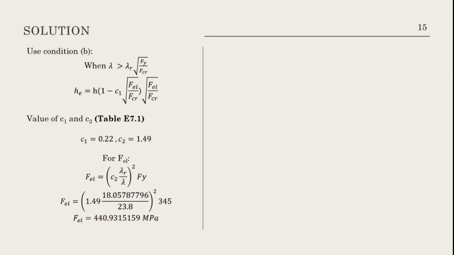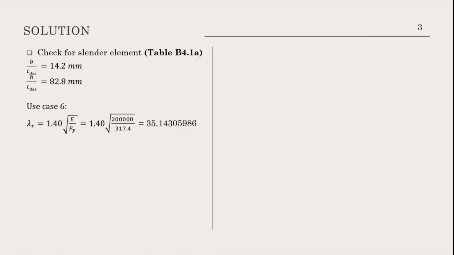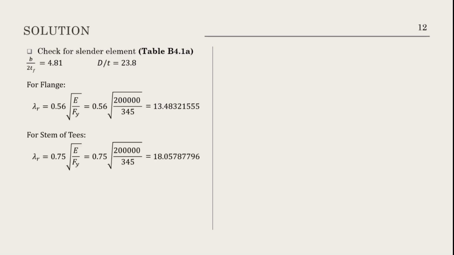If you forgot that one, we can recall that in the earlier part. So remember, the stem of the T is the slender element. So lambda is 23.8 and lambda sub r is 18. Okay?